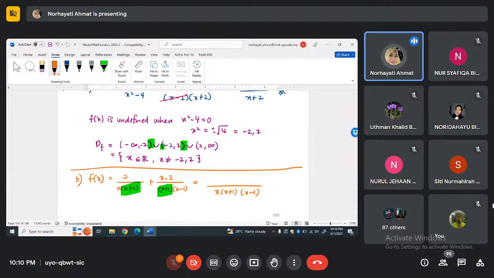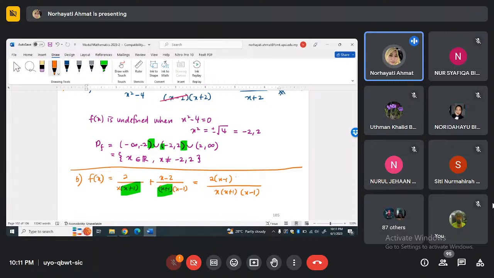Okay, so to get the same denominator, the first terms need to multiply by x minus 1. Sebab dia hanya ada first expression has the denominator x times x plus 1. But the final denominator is x times x plus 1 times x minus 1. So therefore, the numerator of the first expression need to multiply by x minus 1.